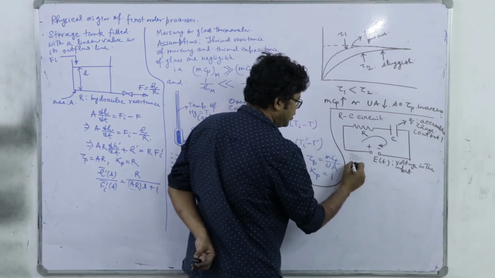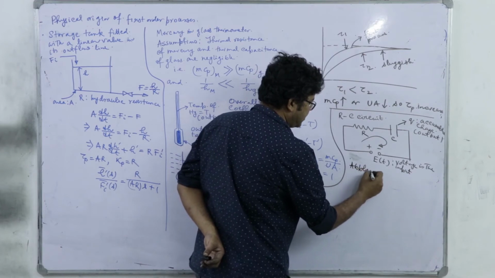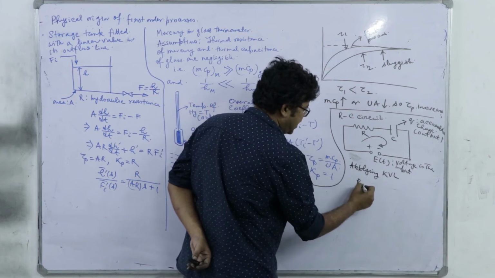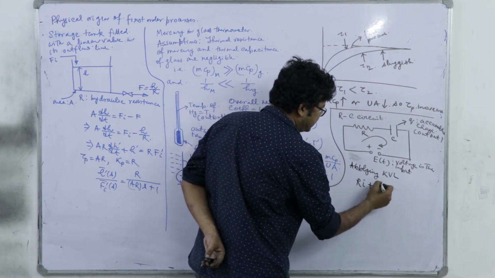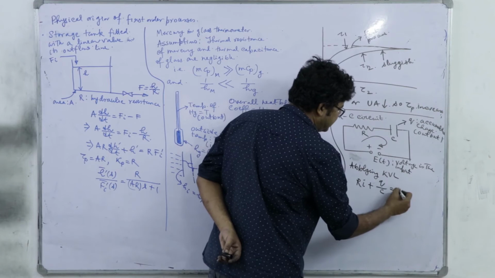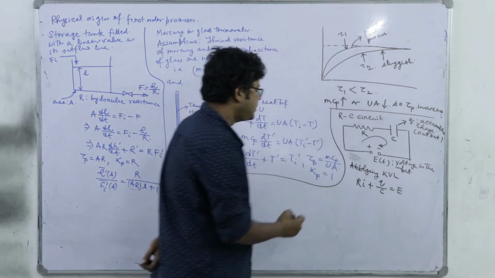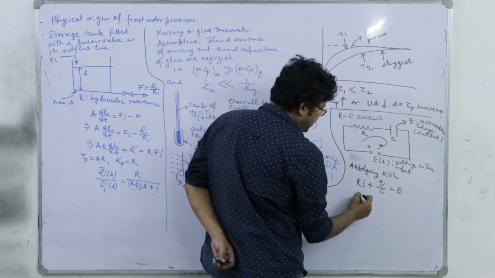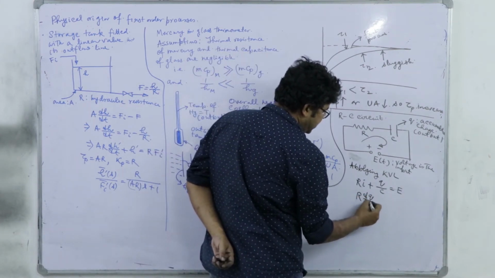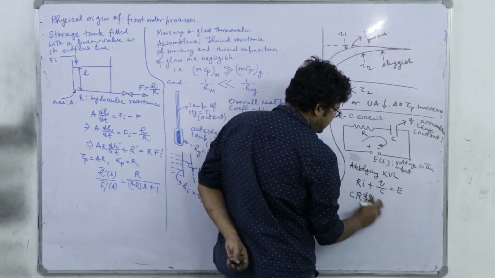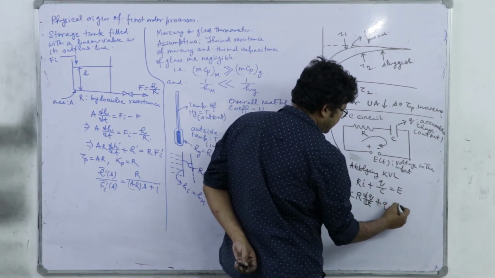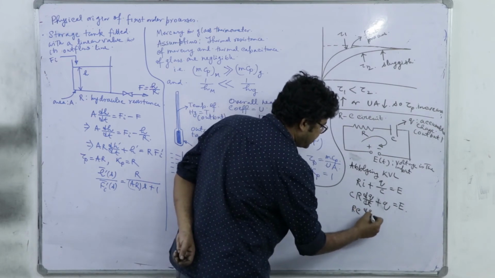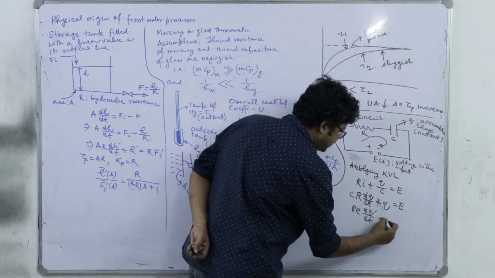So we have to apply KVL, Kirchhoff's voltage law. So we get R times I plus Q/C is equal to E. Now I is the rate of charge transfer, so R times dQ/dt times C plus Q is equal to E. So RC dQ'/dt plus Q' is equal to C times E' in deviation variable form.